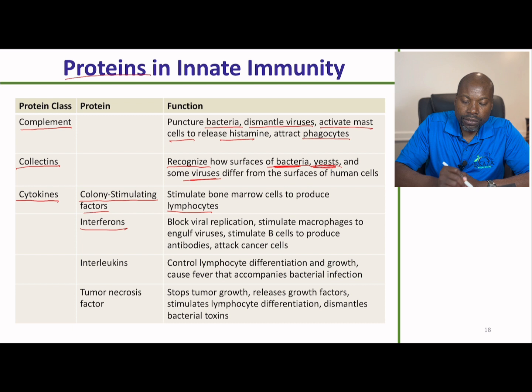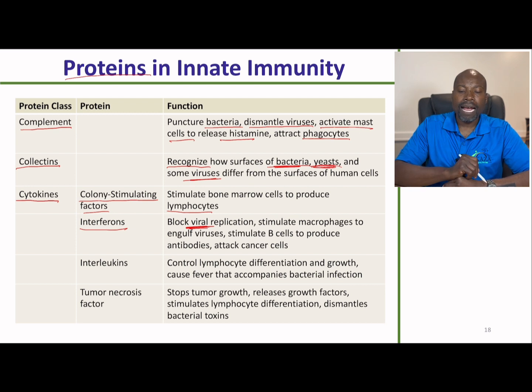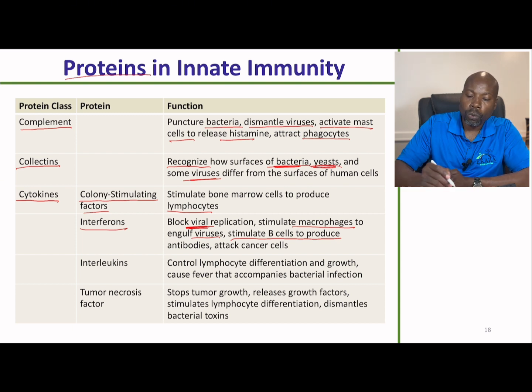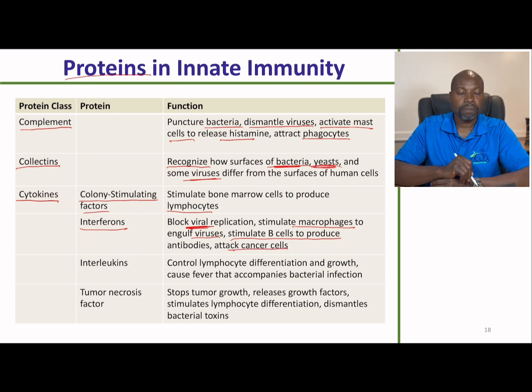The interferons, they are going to be involved in blocking the multiplication of viruses. They are going to stimulate macrophages so that these macrophages can engulf viruses and bacteria. They're going to stimulate B cells so that B cells can produce antibodies that are going to attack foreign particles and also attack cancer cells.